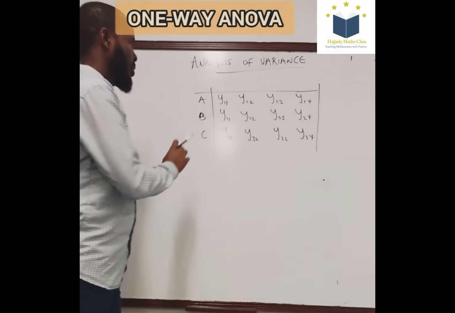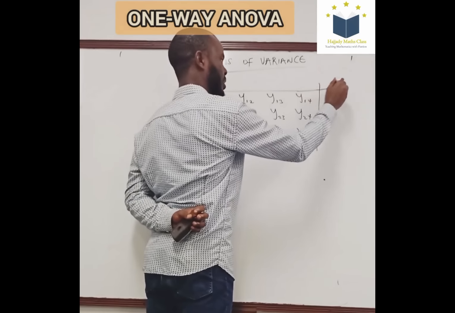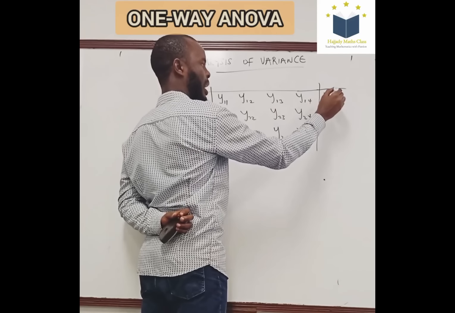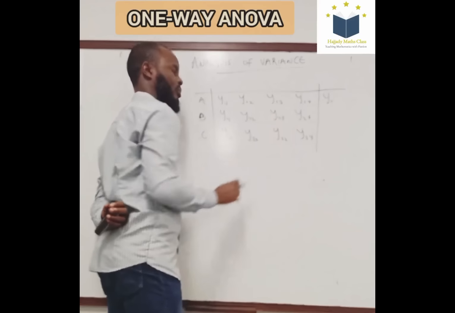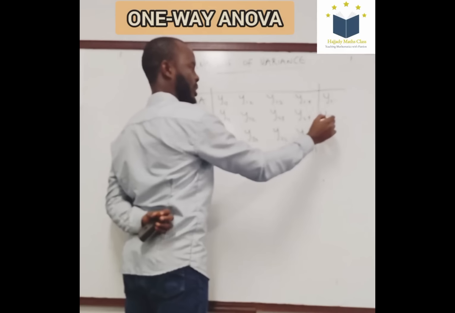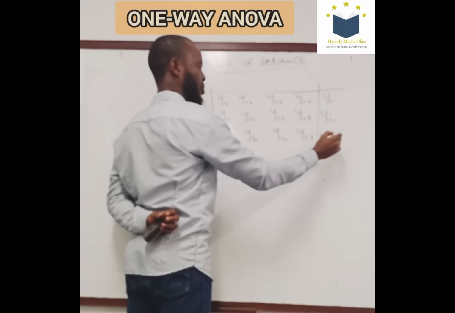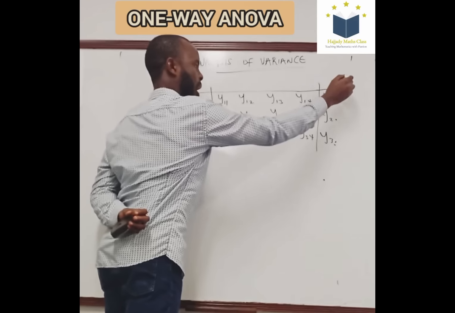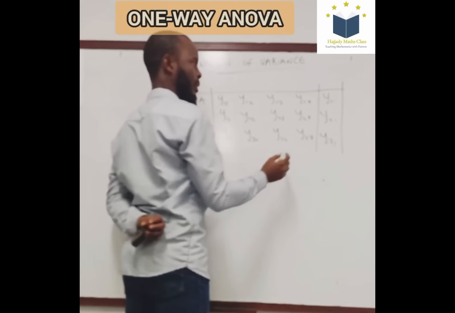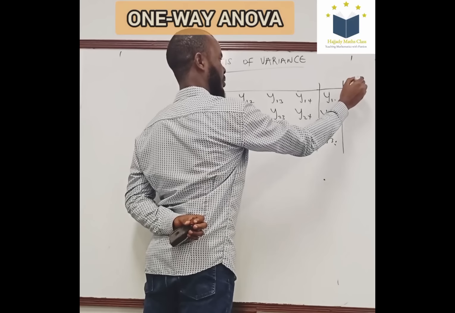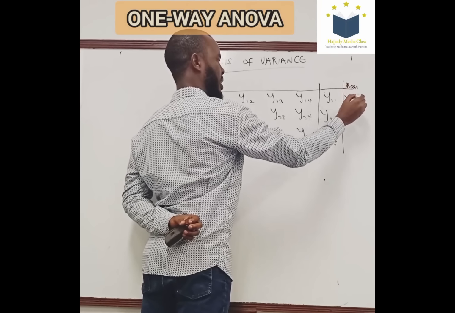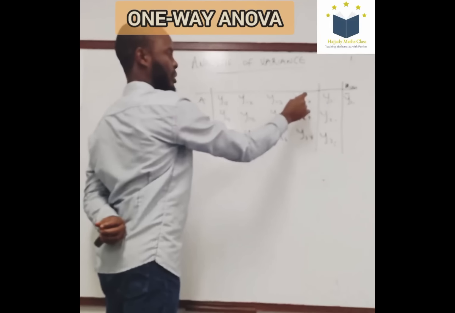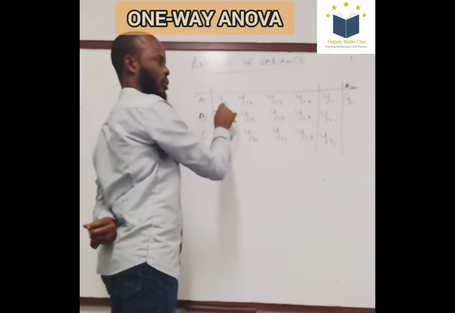Okay? Now, with this is the sum. I have my yi dots. This is the sum for the first row, for the second row, and also for the third row. Here, I can have the mean, which is the same thing as yi dot bar. That is this divided by what? 1, 2, 3, 4.